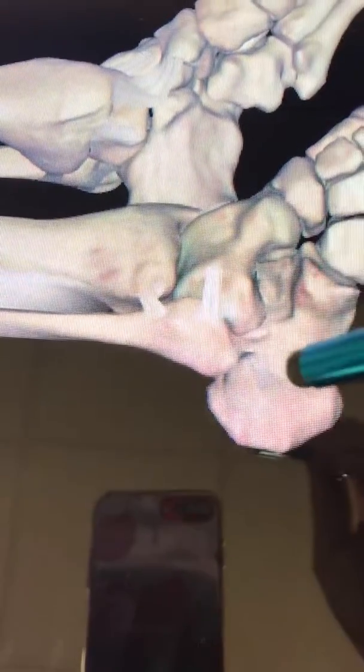The lateral three ankle ligaments include the ATF, or the anterior talofibular ligament, right here, connects the talus with the fibula. The calcaneofibular ligament, get a good view of it for you right here, connects the calcaneus with the fibula.